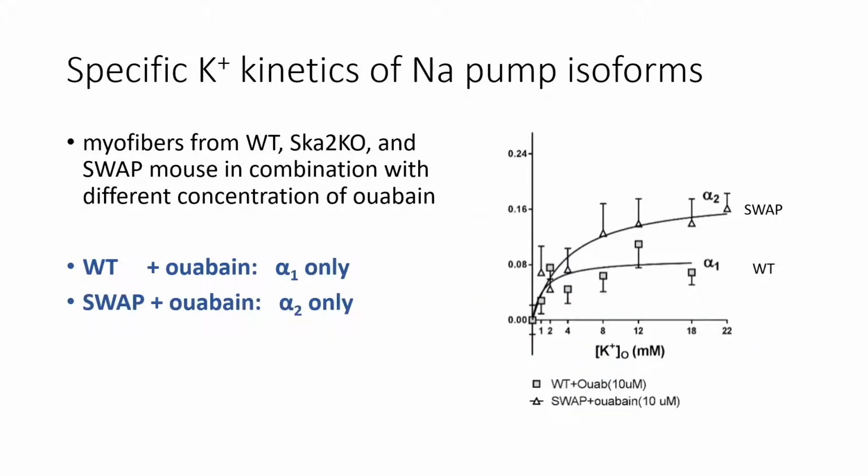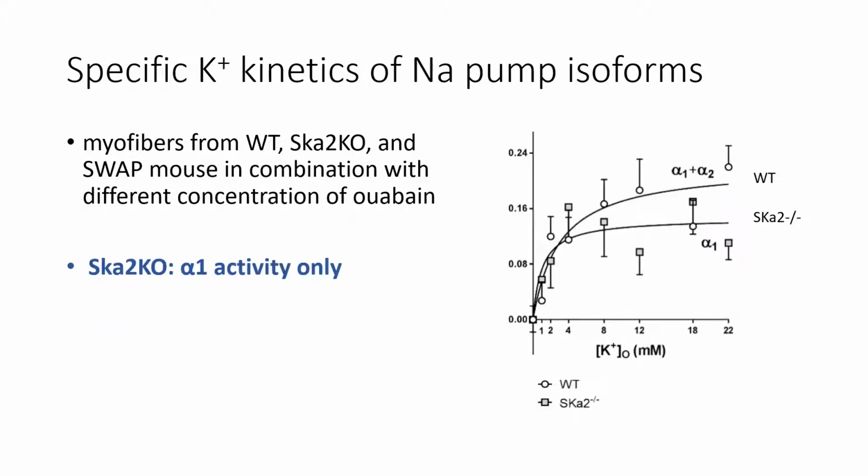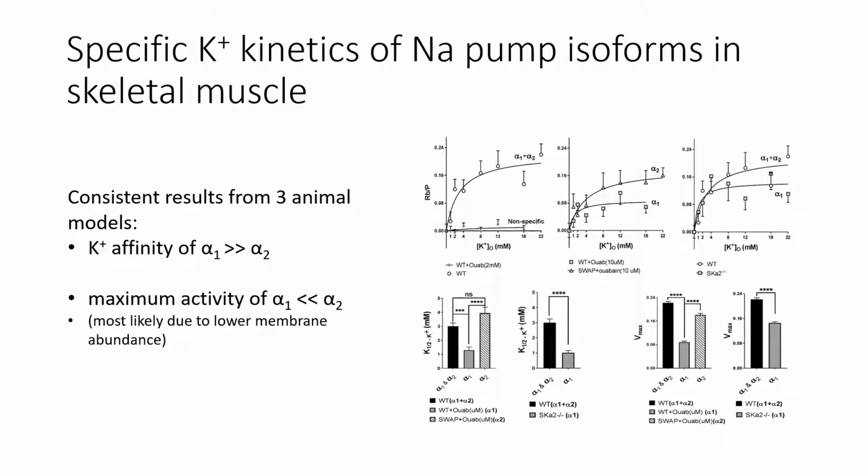Wild type treated with a low concentration of ouabain gives alpha-1 potassium affinity. Swap mouse plus a low concentration of ouabain gives us alpha-2 potassium affinity, and skeletal muscle knockout contains only alpha-1, which gives us the potassium affinity of alpha-1 only.